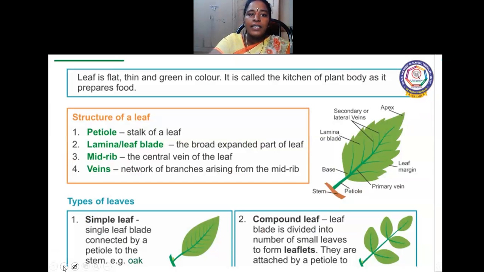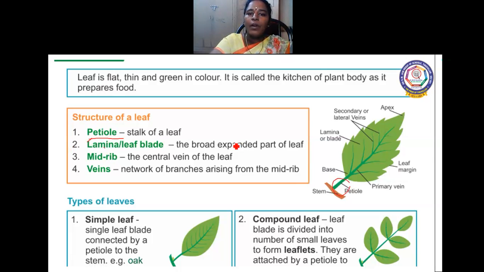Leaf is flat, thin and green in color, and it is called the kitchen of the plant, and it prepares food for the plant. And let me see that part, petiole, the stalk of leaf.